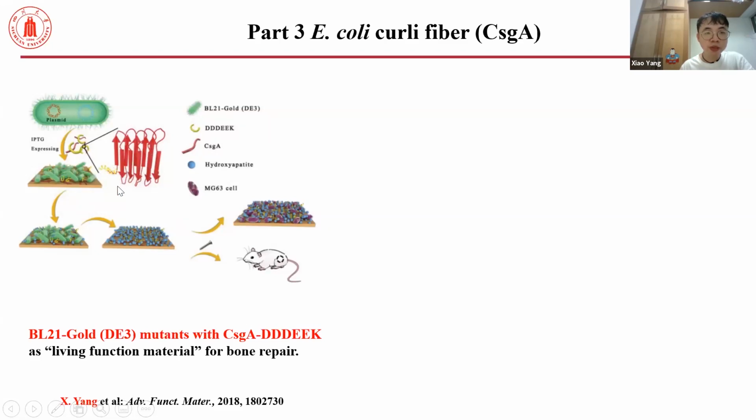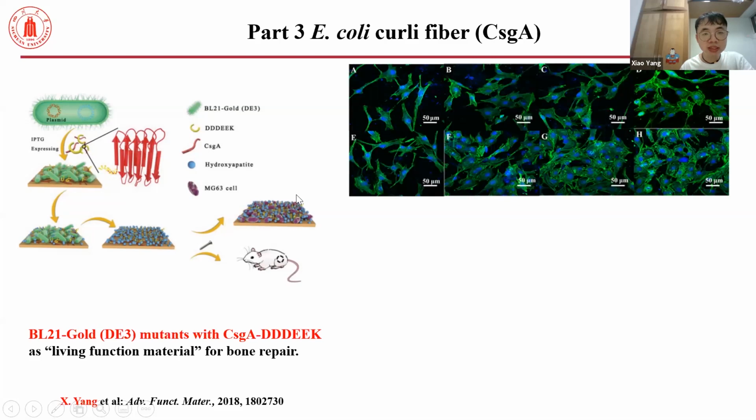CsgA, and we induce these proteins on the different universal substrates, and it can induce hydroxyapatite on the surface, and we use it for cell adhesion.